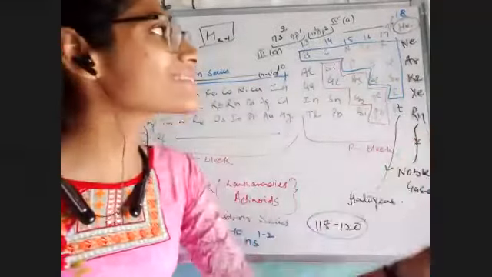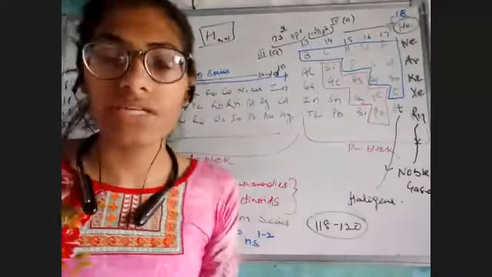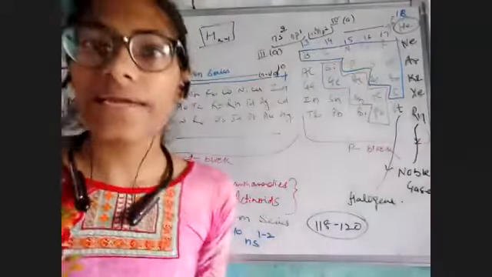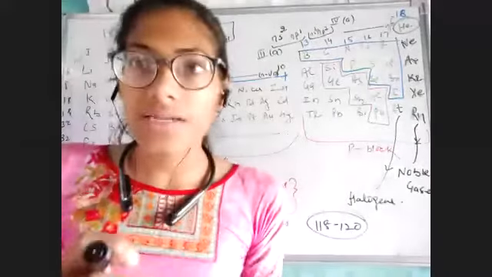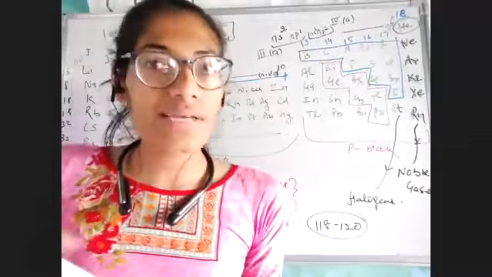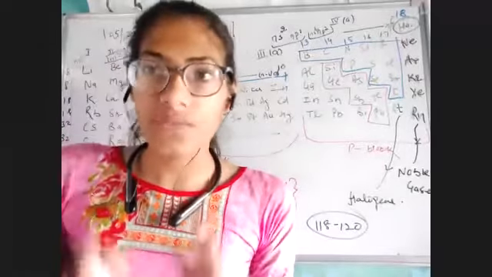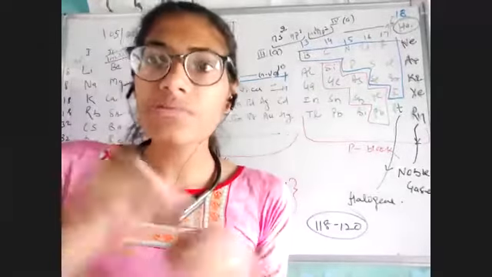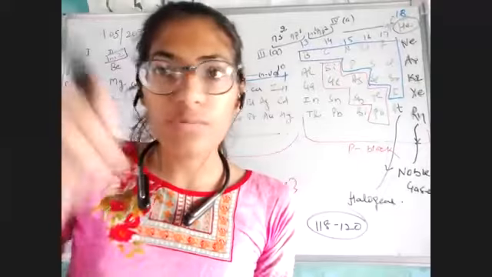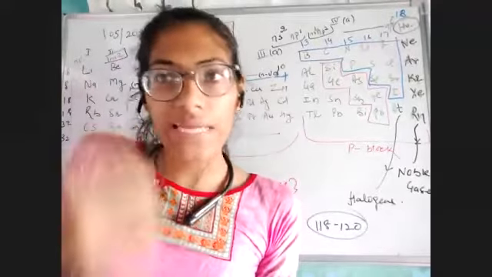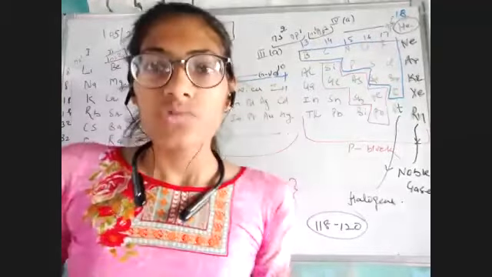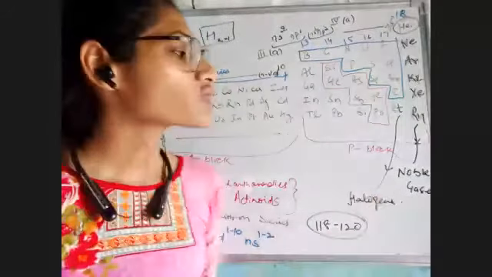So since they have the complete electronic configuration, they are known to be noble gases. Noble means their reactivity is zero. वो किसी के साथ रिएक्ट करना पसंद नहीं करते most of the time. क्यों? क्योंकि उनके पास इलेक्ट्रॉन्स कंप्लीटली फिल्ड हैं, ना उनका मन है इलेक्ट्रॉन्स डोनेट करने का, ना उनका मन है इलेक्ट्रॉन लेने का, तो why would they react ना? So that's why they are known to be the noble gases.